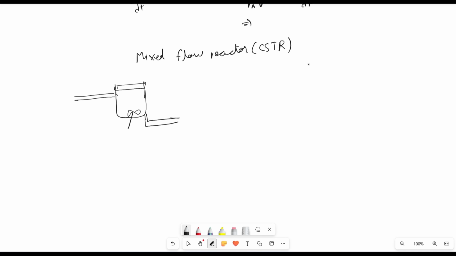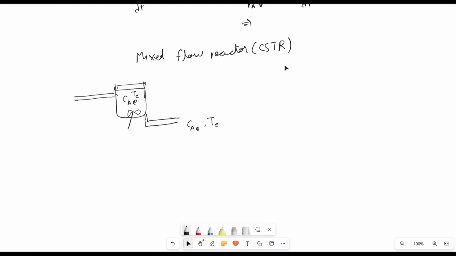And the assumption here is that the exit stream concentration and whatever is inside the CSTR will be equal. That means if the concentration here is CA exit, here also it will be CA exit. If the temperature is T exit, here also it will be T exit. This is mostly true in any reactor: the exit stream condition will be just equal to the immediate inlet of the exit pipe.